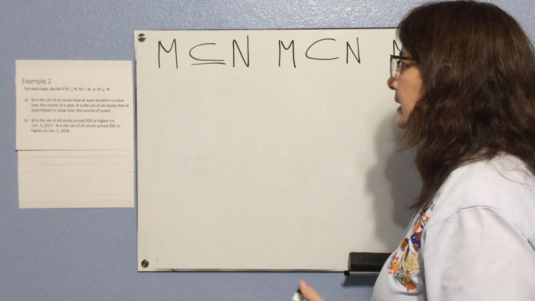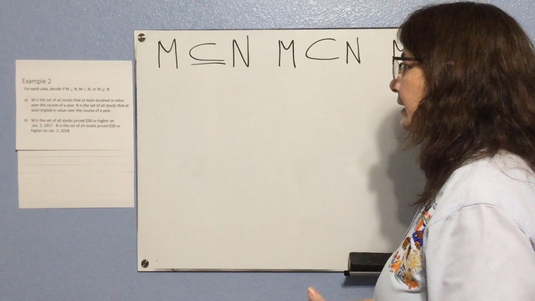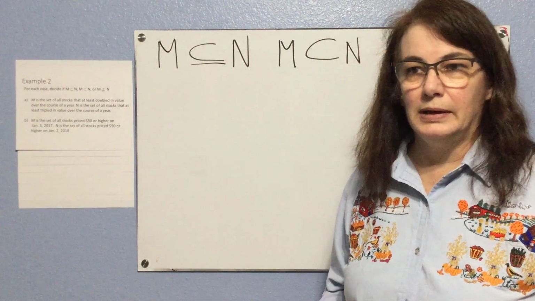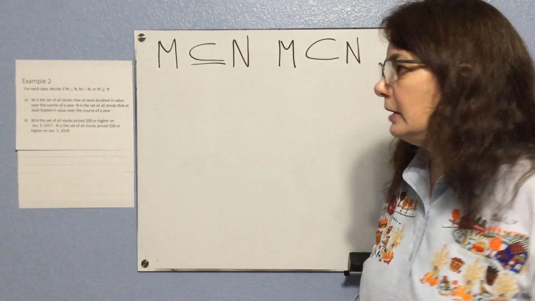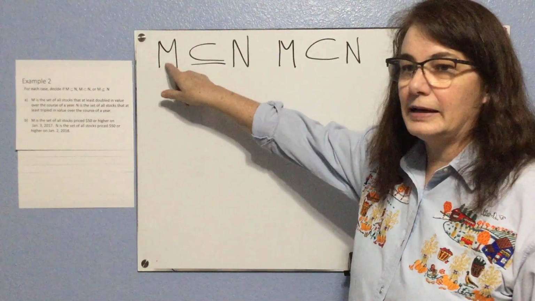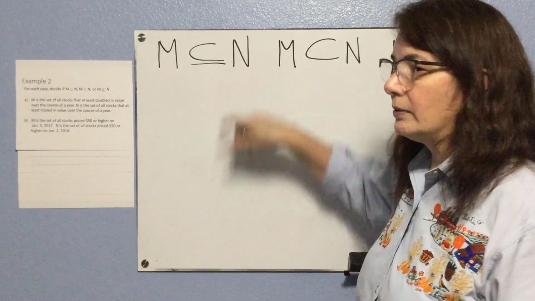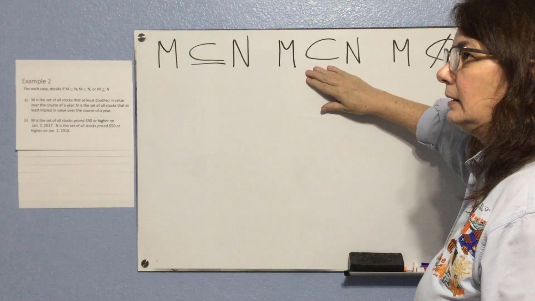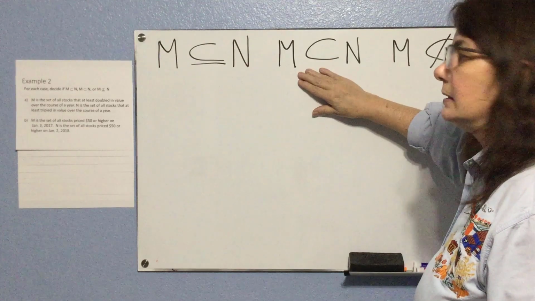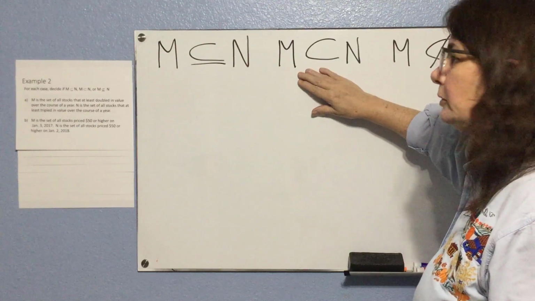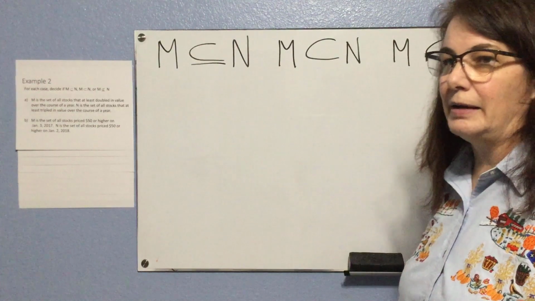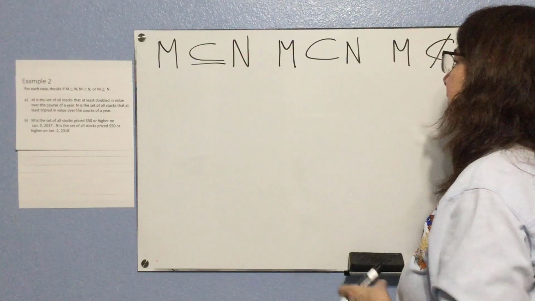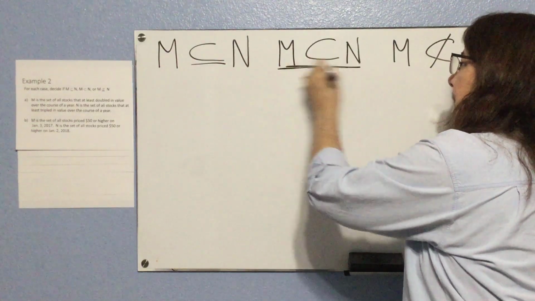My question is, is M a subset of N? Well, before a stock can triple in value, it's going to have to double in value. So I could say that everything that's in M is also in N. Could I use this? I could use this because it's reasonable to expect that not every stock that doubled is going to also triple within that time period of a year. So I would use this one.